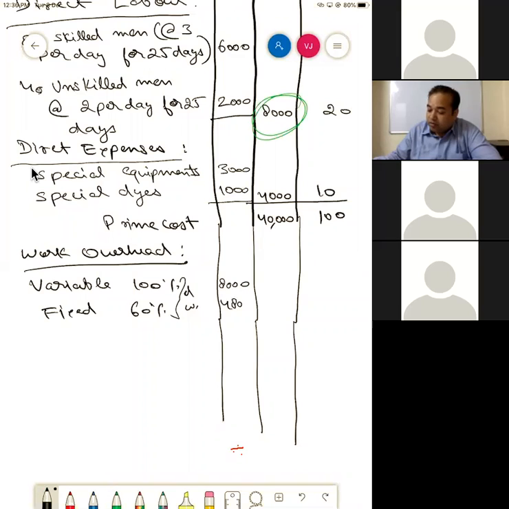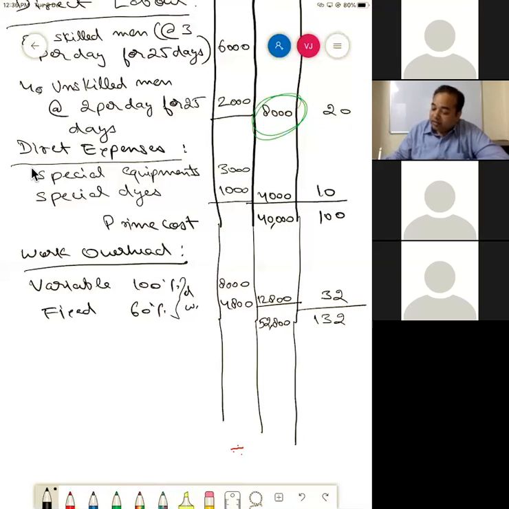That amounts to 4,800. So total is your 12,800, and you get 32 as per unit cost. This 40,000 plus this work overhead, you will get 52,800, and here you will get 132.